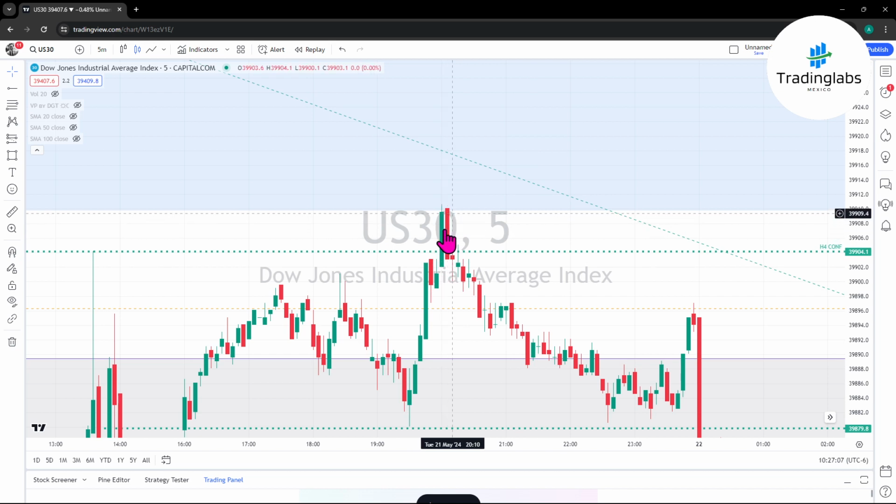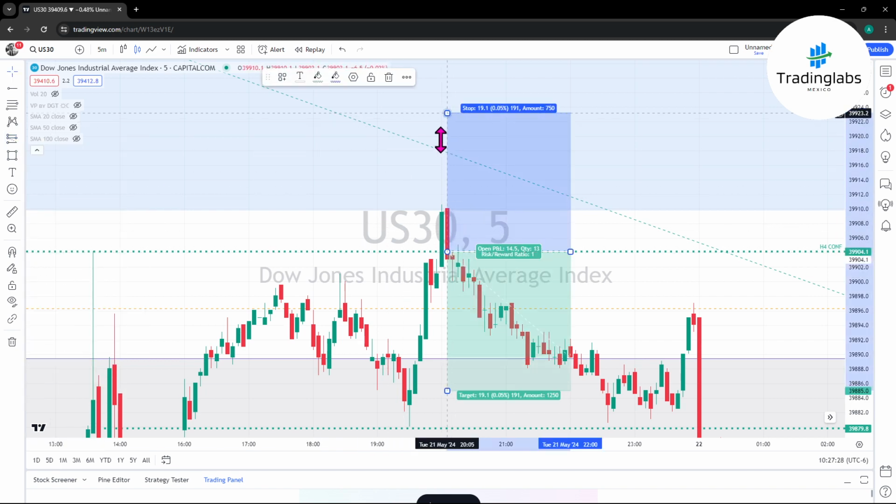It's a can close candle. This 5-minute candle closed above, but the full body couldn't close above. The next body closed below. This is 5 minutes.